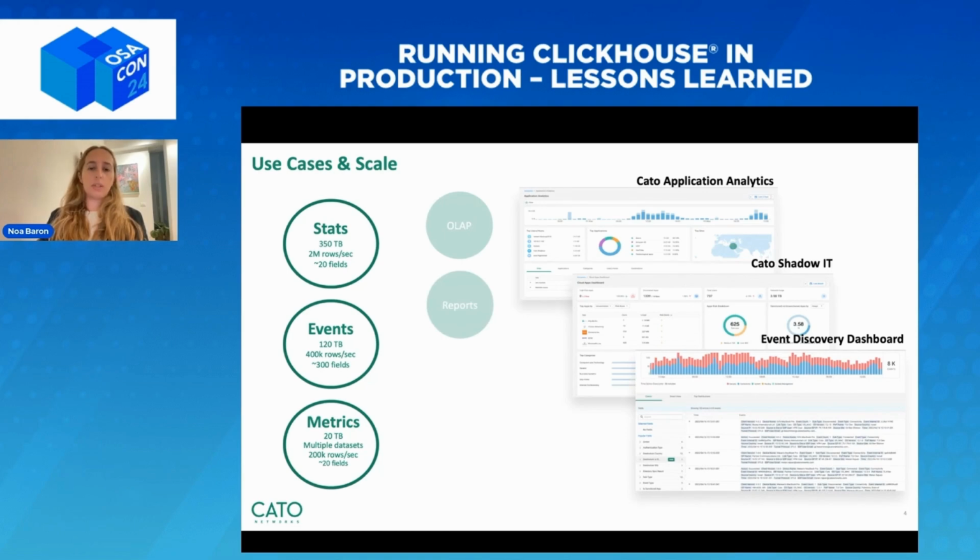We also support event discovery, so customers can drill down to specific events that happened on their network at any time, look at the raw data itself, and troubleshoot and investigate anything they need.